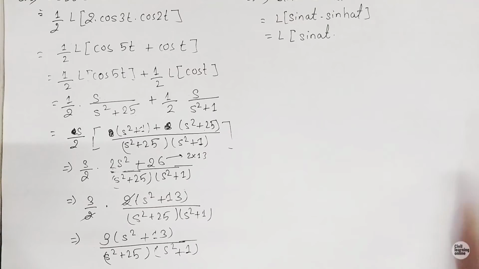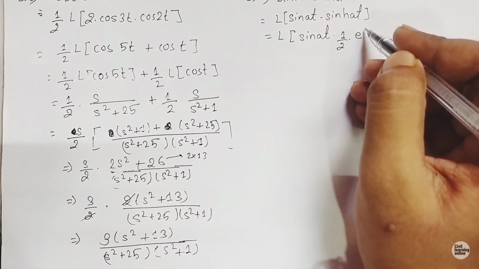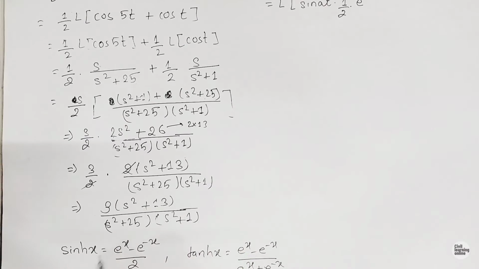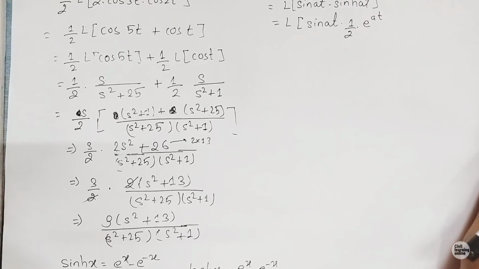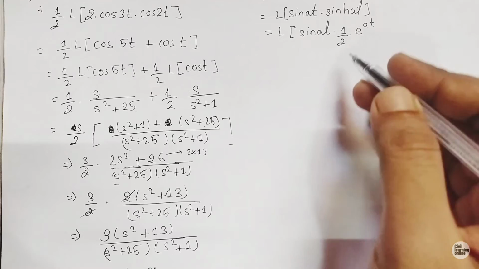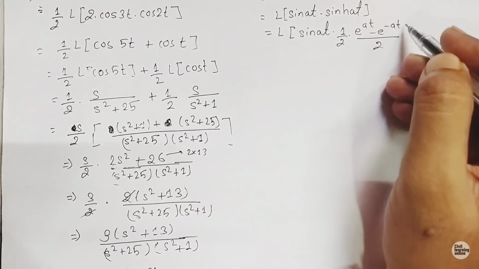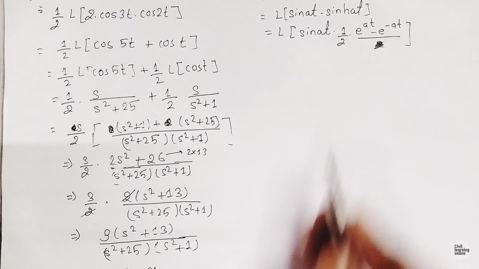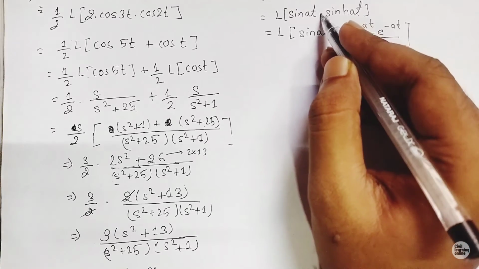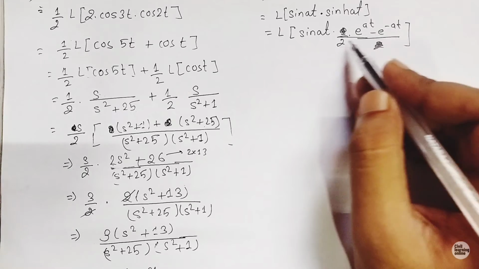So we are going to use this formula here, 1 upon 2 times e to the power at, because in place of x we have at. So e to the power at minus e to the power minus at upon 2. It was from the formulas: sine hyperbolic at equals e to the power at minus e to the power minus at upon 2.